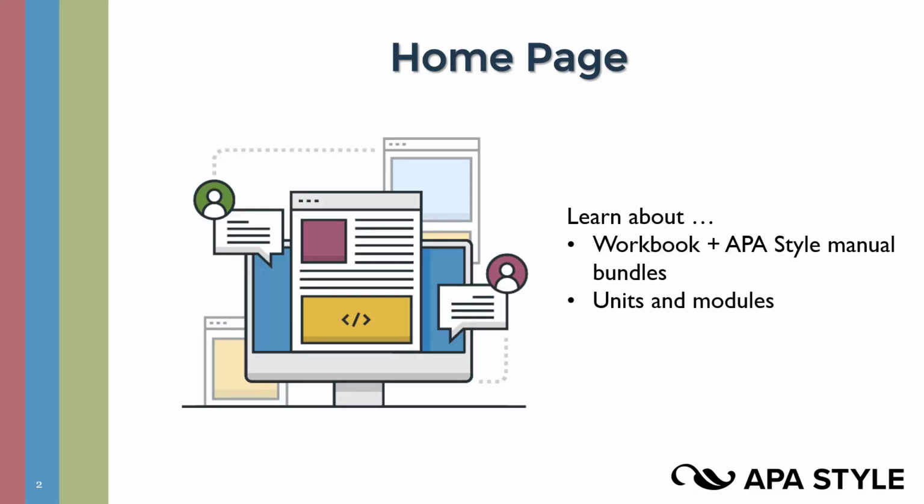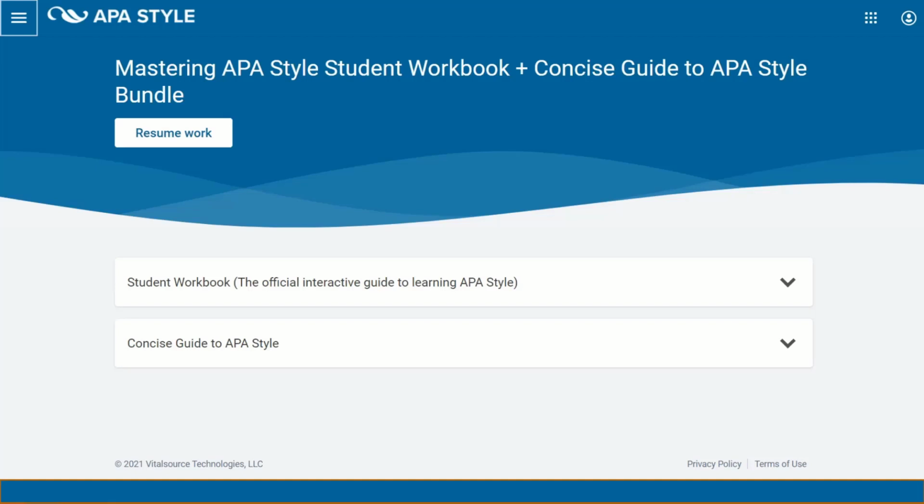We'll talk about the workbook and APA style manual bundles as well as units and modules. This is the home page of the Mastering APA Style Student Workbook, which is presented on VitalSource's Acrobatic platform. In this demo, I'll be using the version of the workbook that is bundled with the ebook version of the Concise Guide to APA Style.